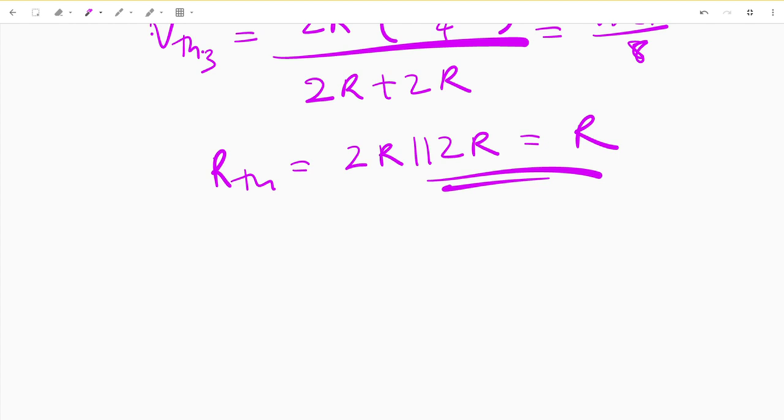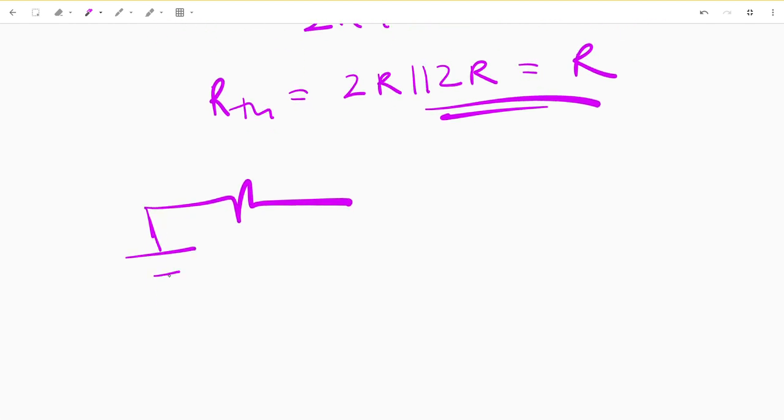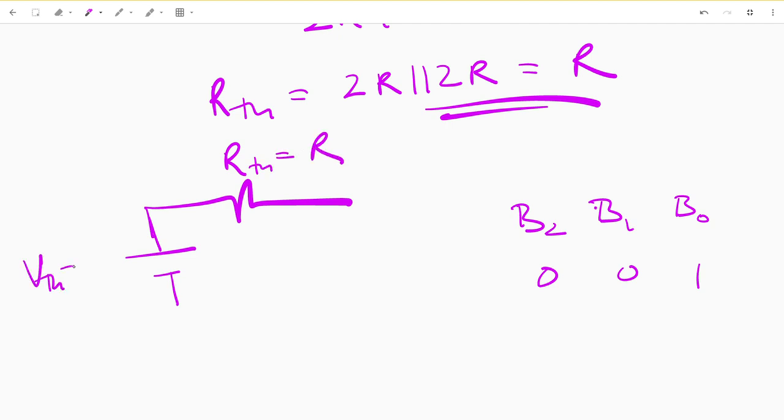So now we have our Thevenin circuit, which says that for this style of bits, B2, B1, B0 equal to 0, 0, 1, RTH is equal to R, and VTH is equal to Vref over 8. And this is our circuit.